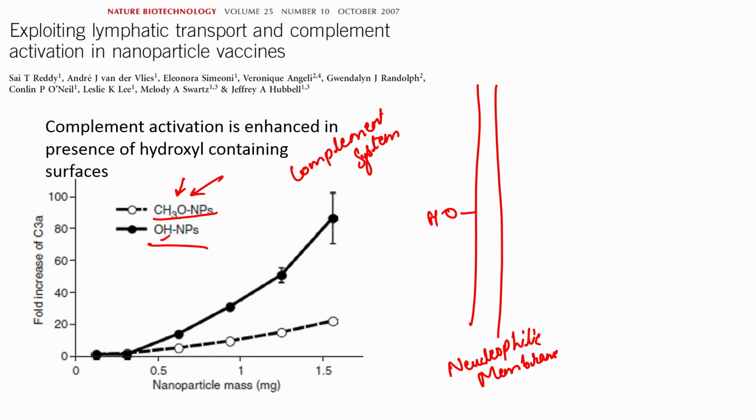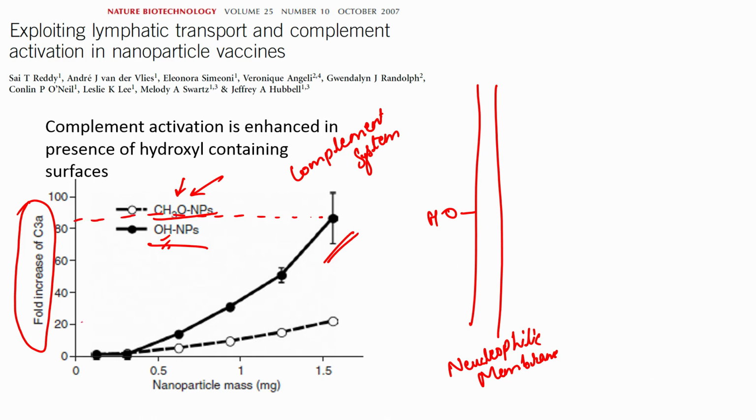So this one is not nucleophilic, whereas this is, and what they see is the amount of C3a that they measure. You can clearly see that if you have particles which contain these hydroxyl groups, you see a much greater fold increase compared to the basal level.